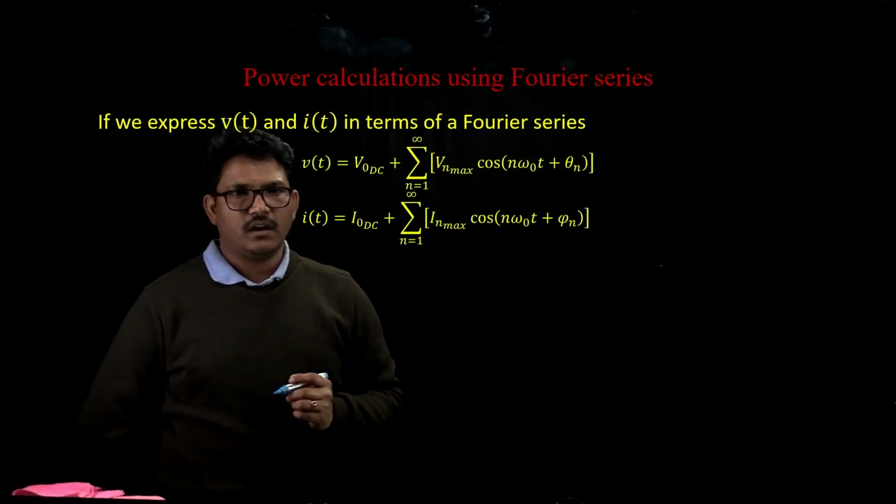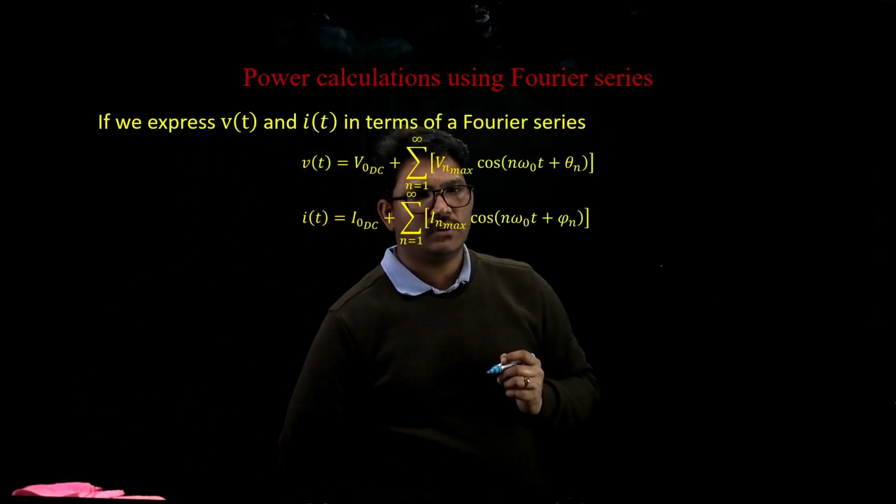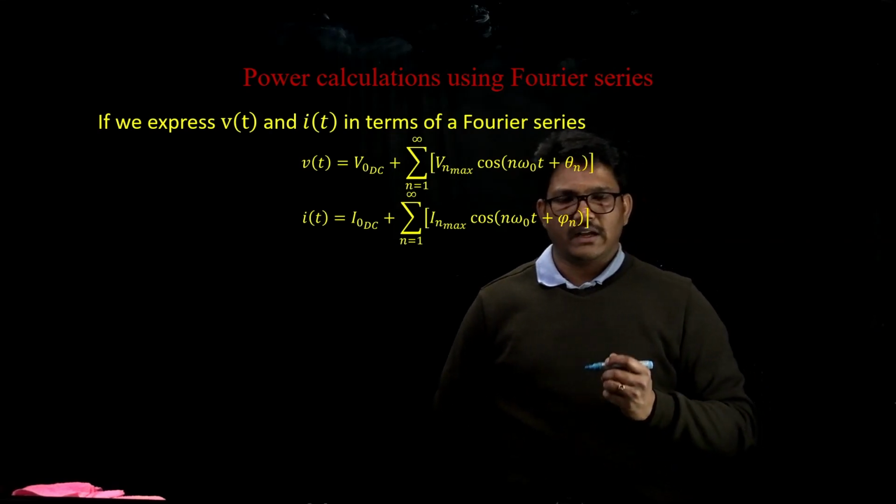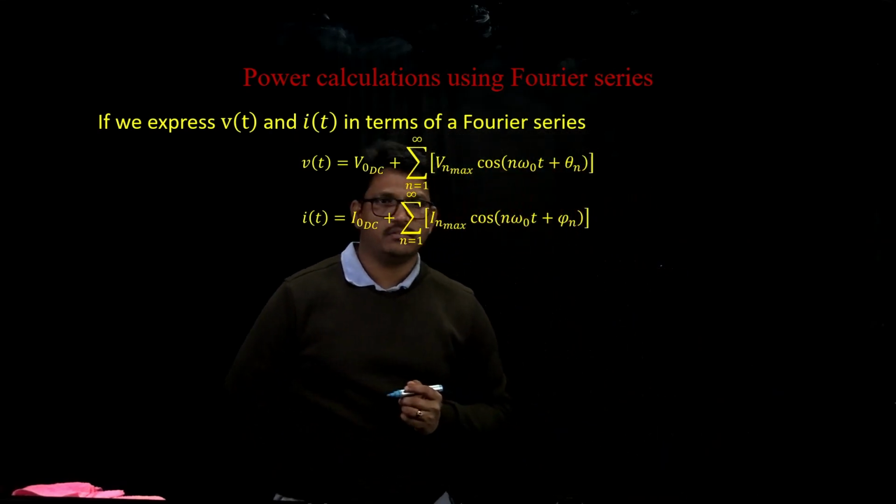We have seen how to get the RMS value of the voltage, or the current, when they are expressed as a Fourier series.